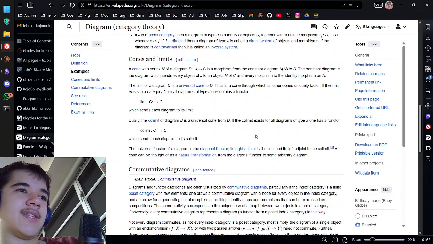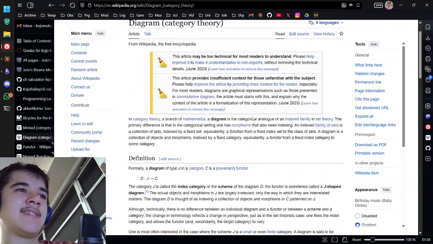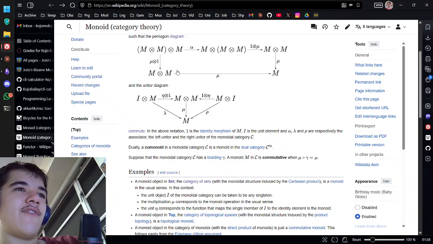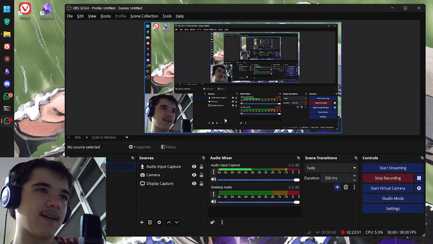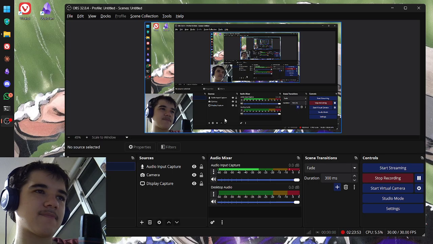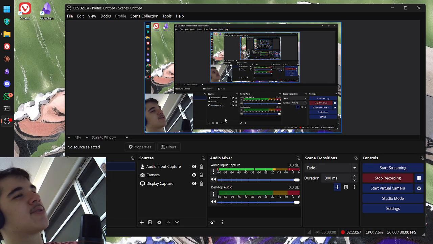But clearly, this is just what the hell? It's a page called diagrams and I see no diagrams. Very cool. So clearly category theory is a field where there's still lots of education to be figured out.